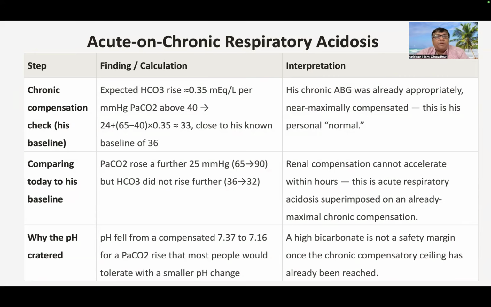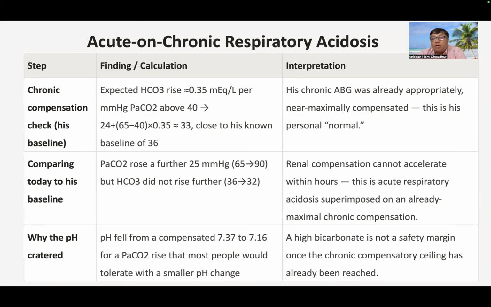So pH fell from a compensated 7.37 to 7.16. For a PCO2 rise by 25, most people would tolerate it with a smaller pH change. The pH would not have fallen from 7.37 to 7.16 in the majority. But a high bicarbonate is therefore not a safety margin once the chronic compensatory ceiling has been reached.